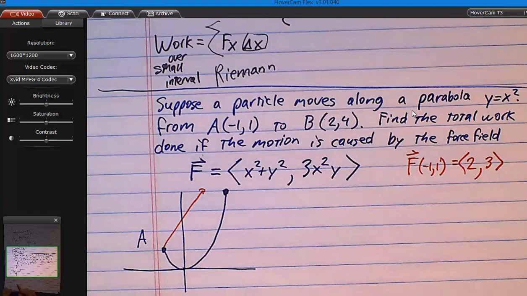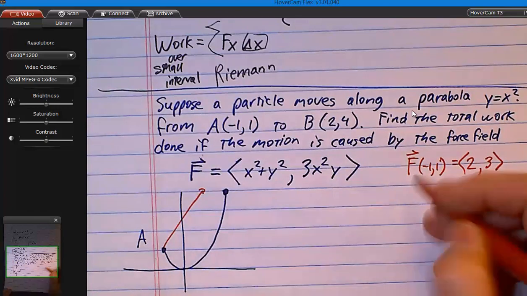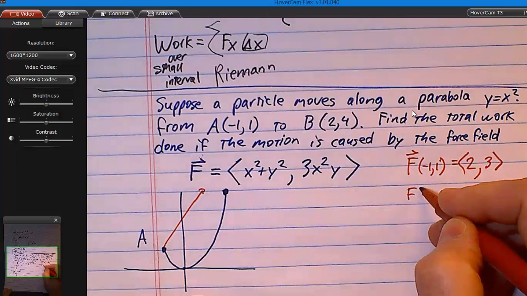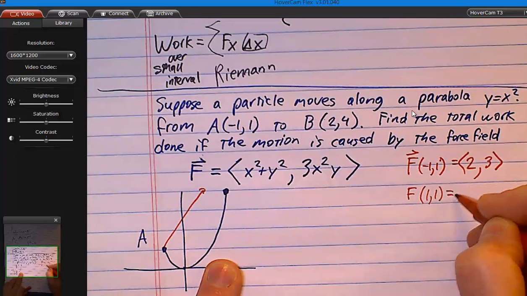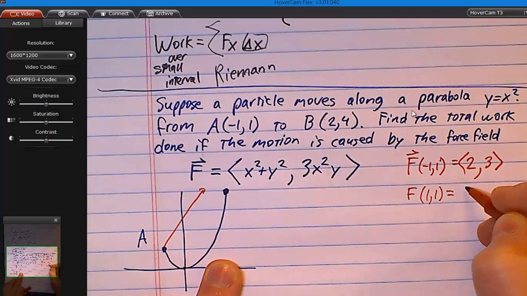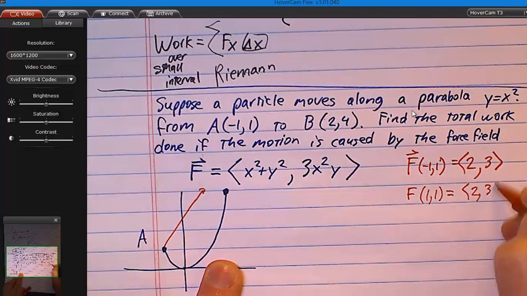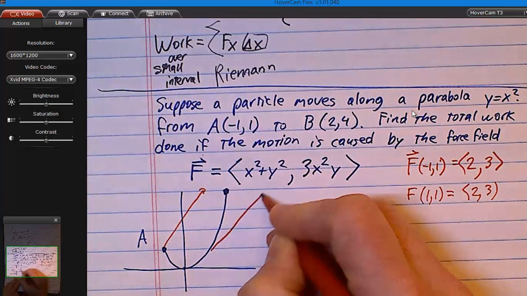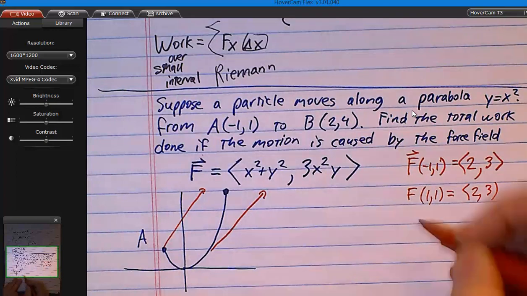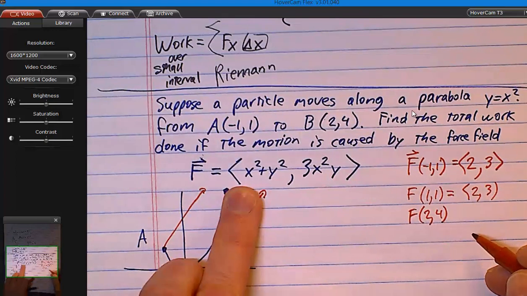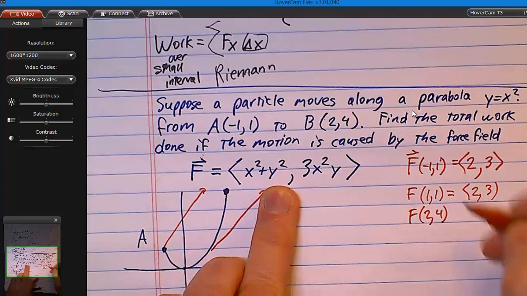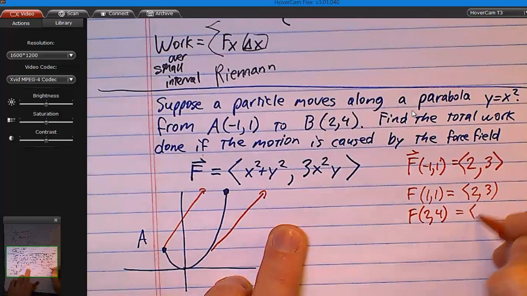It's not really helping it very much. What about when I plug in F of 0, 0? Oh, well, then there is no force. What if I plug in F of 1, 1? Oh, same thing. 2, 3. So I still have that force going on. And then at the end, F of 2, 4. 4 plus 16, is that 20?